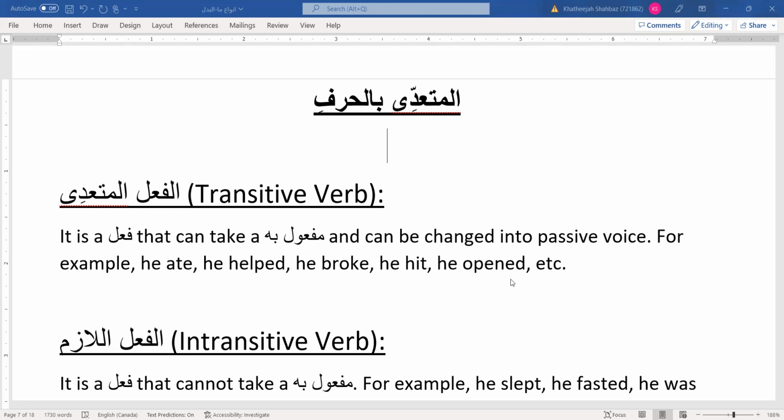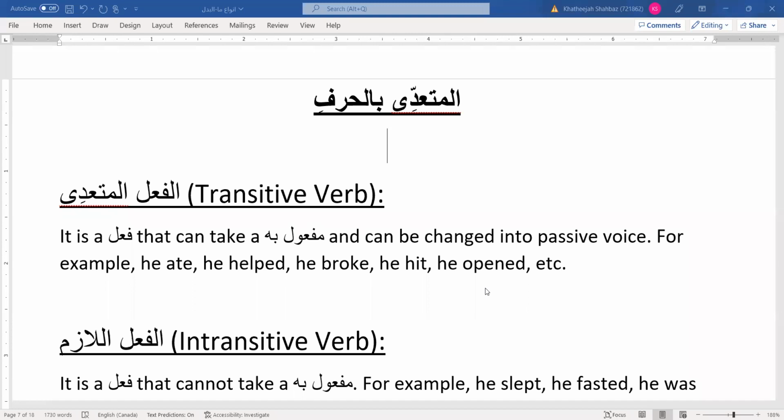He opened. You can say he opened a door. So a door is maf'ul bihi, and we can change it into passive voice. He was opened. So al-fi'l al-muta'addi, the transitive verb, is a verb which can take a maf'ul bihi, and it can also be changed into passive voice.